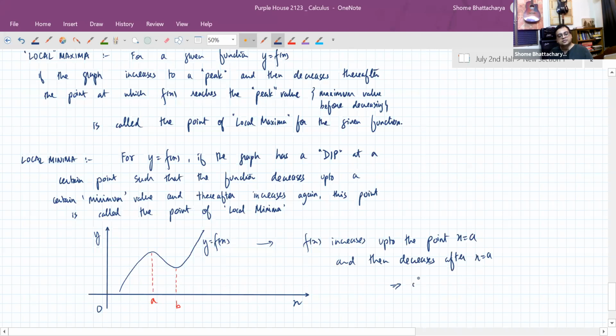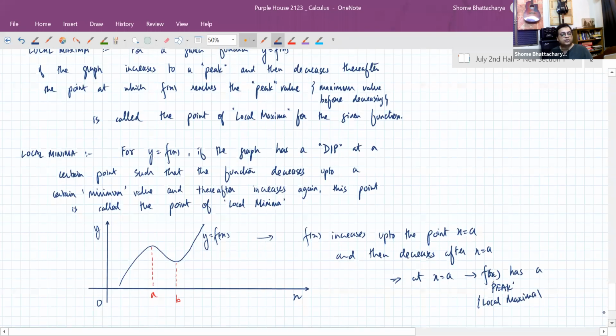So that means at precisely the point x equal to A, the function has a peak point. So that point is what we call the local maximum.